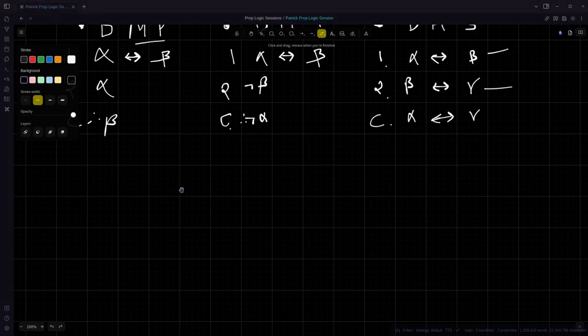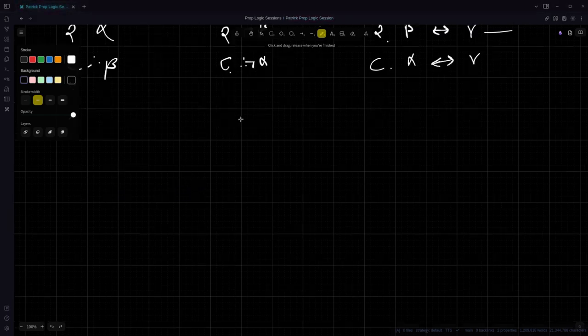Okay, so let's go to the rules of equivalence. The first one that we can talk about is the biconditional De Morgan's law.